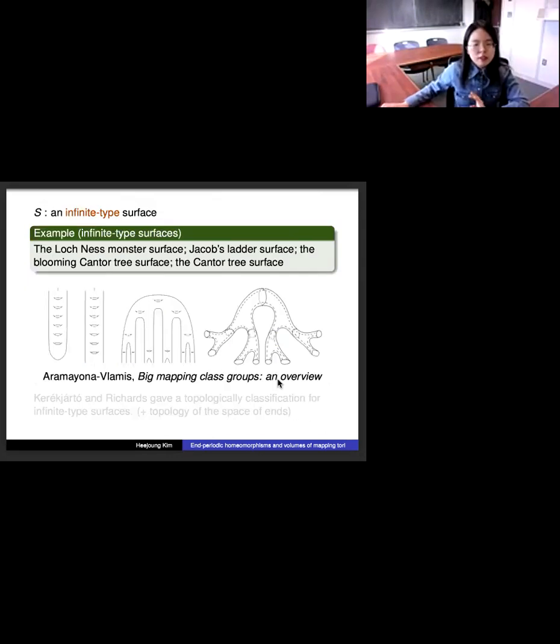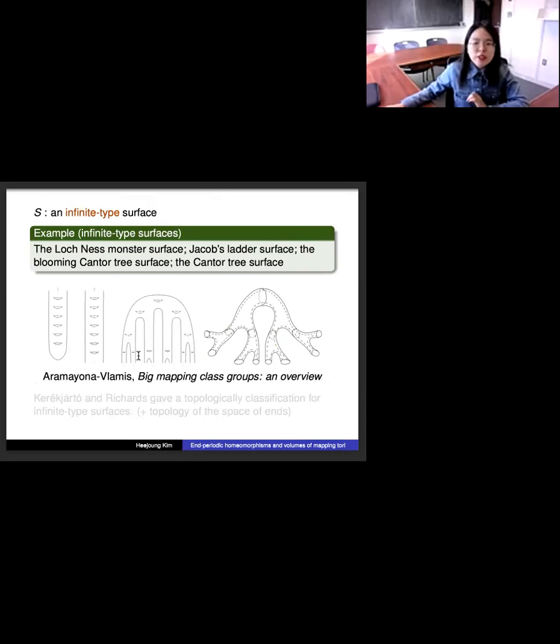And here are some examples of infinite type surfaces. The first one is the Loch Ness monster surface, which is the infinite genus surface with exactly one end. The next one is Jacob's ladder surface, which is the infinite genus surface with 2 ends.